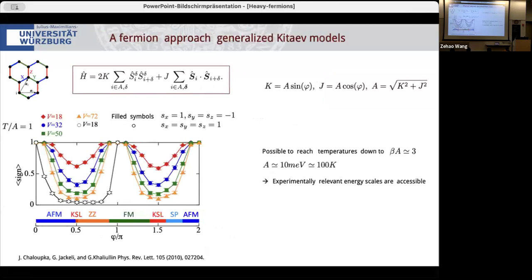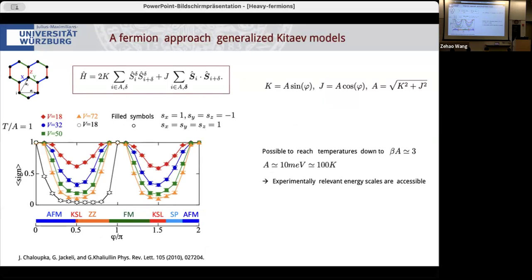And here it is. So I'll take a step back. I'm simulating this model, and I'm doing a parametrization in terms of just an angle. I'm saying that K is equal to A sine of phi, and J is equal to A cos of phi, and A is basically this object here. So we're going to put T over A equals 1.